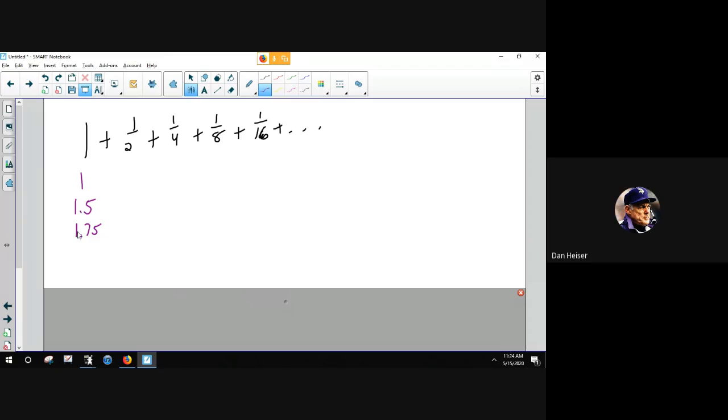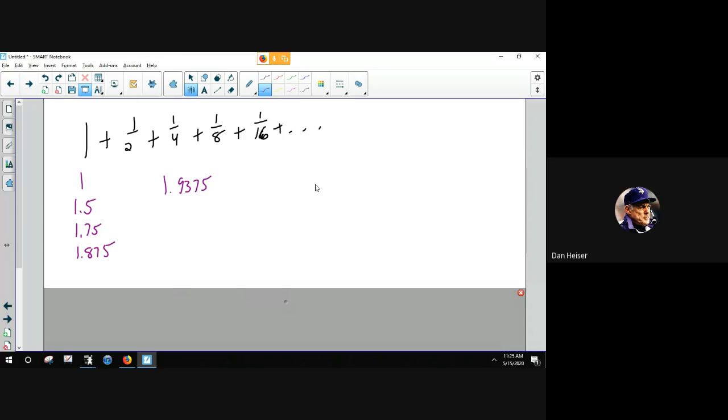And if I add 1/8, stop there, 1.875. And now if I add a 16th and stop, 1.9375. We can see that we're getting close to something. We're not growing as much in each new step.